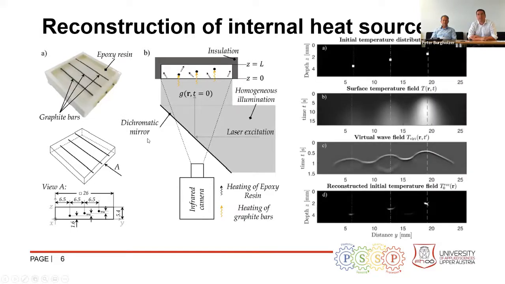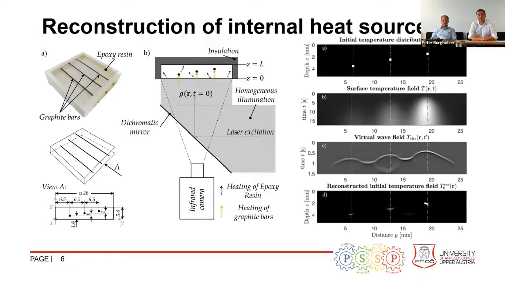On the left side, you can see the process or mechanism of the virtual wave concept. You have 3 different internal heat sources. You measure the surface temperature over time. This is the surface, this is the time axis. And as Peter said before, you have a very good temperature contrast for the nearest defect, and it is weaker for the deeper ones. Now we use the very fast and very strong ADMM algorithms.